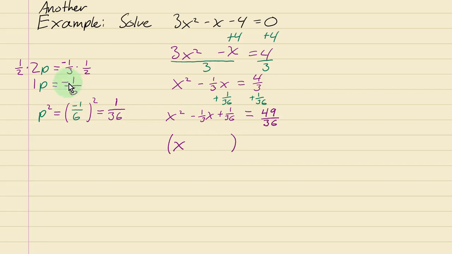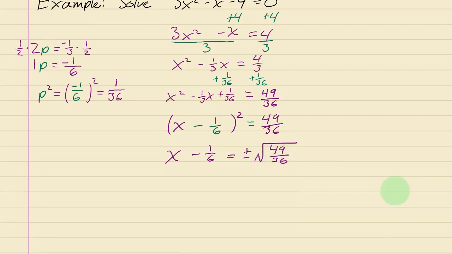Then on the left side here, this should be factorable as x plus p quantity squared, and the p is negative 1 over 6. That should equal your 49 over 36 here. Then you can take the square root of both sides to get x minus 1/6 equals plus or minus the square root of 49 over 36.